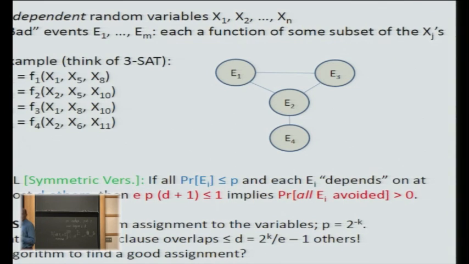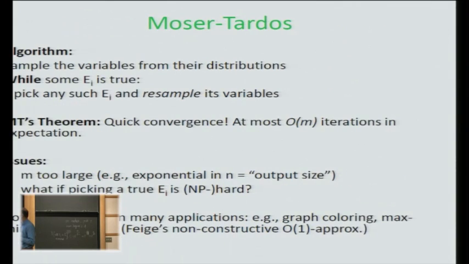So the output size is really proportional to n, not m. M could even be exponentially large in n. So suppose these bad events are somehow implicitly specified, there are applications where you just want something polynomial in n, and that need not be the case, at least naively from Moser-Tardos, it could depend linearly on m. So that actually turns out to be less important.